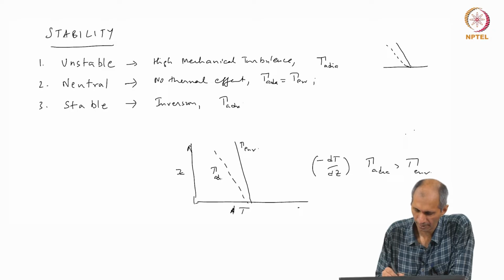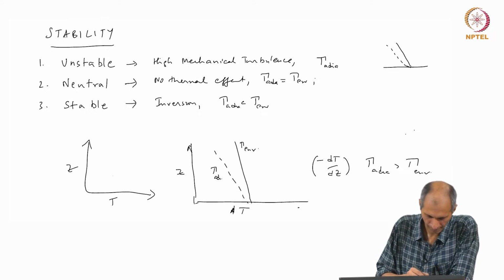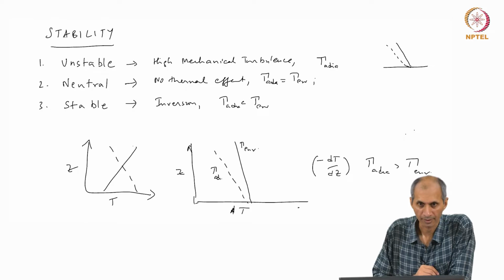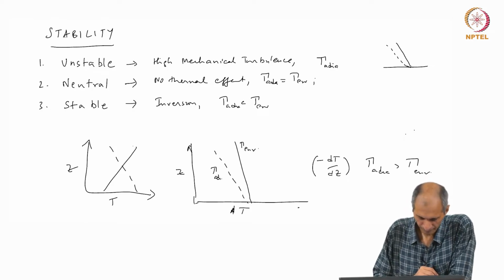The T adiabatic is less than environmental, which means that under stable conditions we have Z like this.